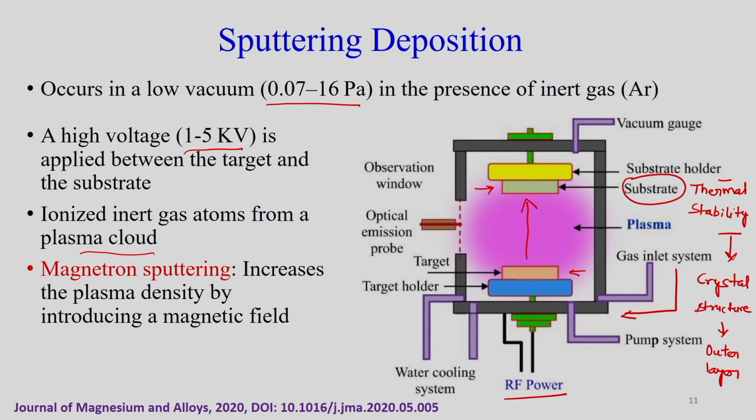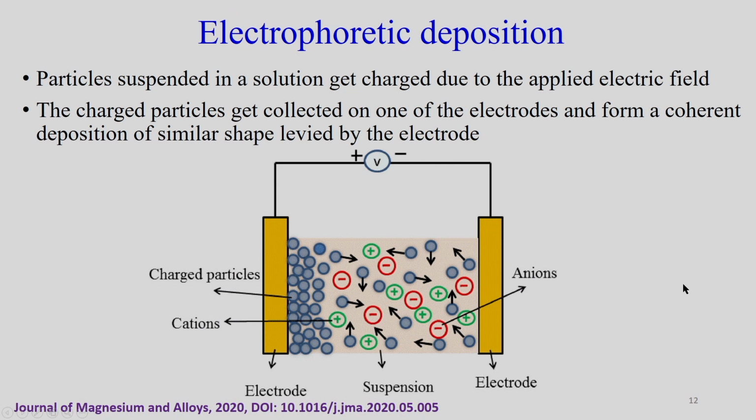When this sputtering is done in the presence of a magnetic field, it is called magnetron sputtering, and this magnetron sputtering increases the plasma density due to the presence of the magnetic field. Now, the next method is electrophoretic deposition.